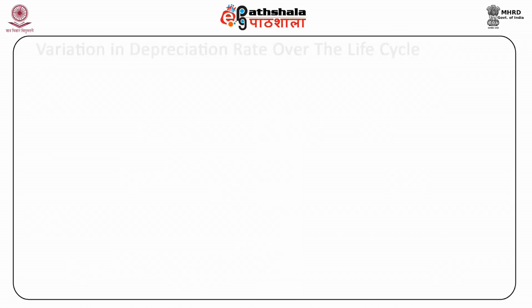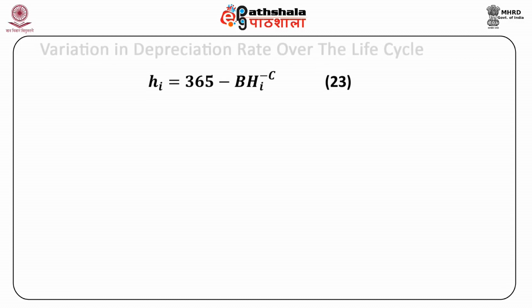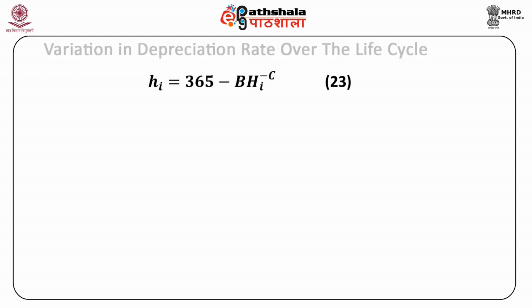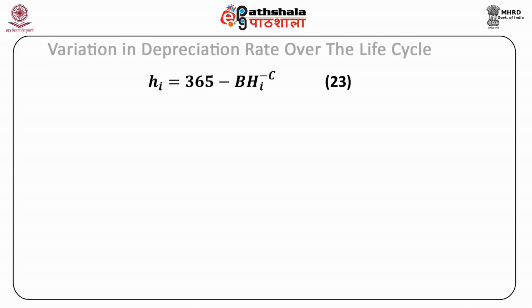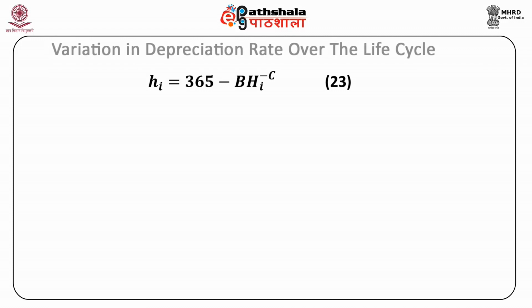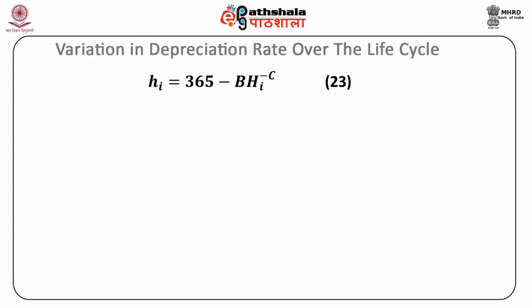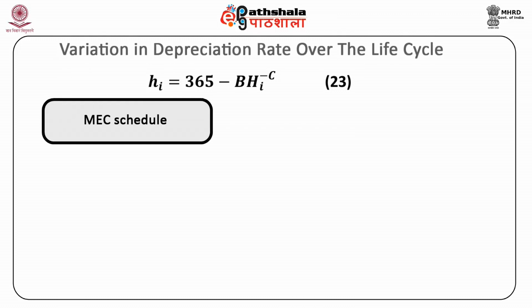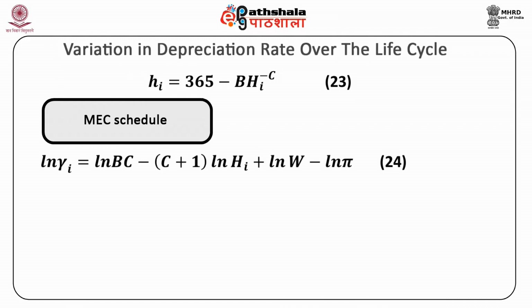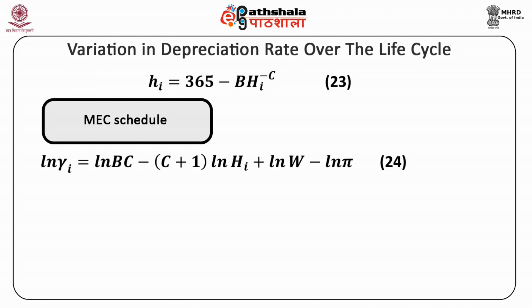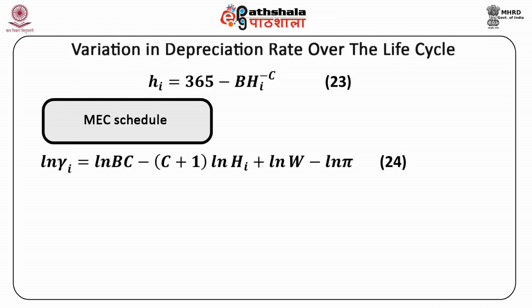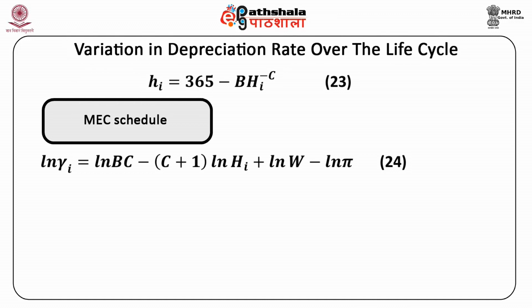Given the healthy days production function, Hi is equal to 365 minus B Hi raised to the power minus C, equation 23. And the MEC schedule: log of Yi is equal to log BC minus C plus 1 into log Hi plus log W minus log pi.